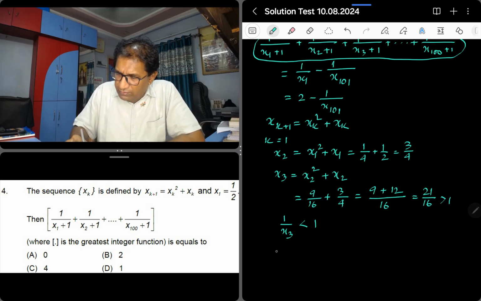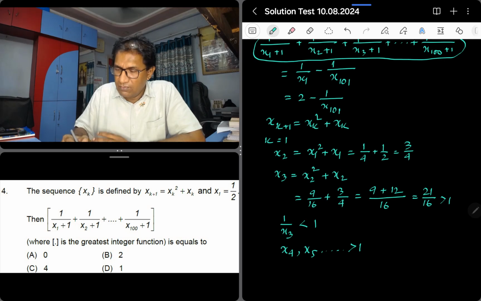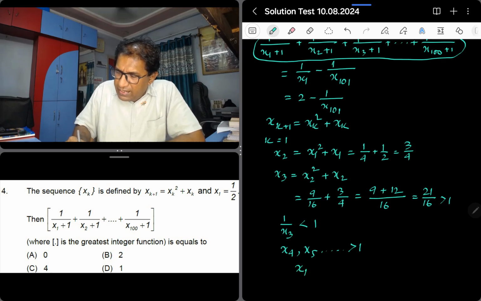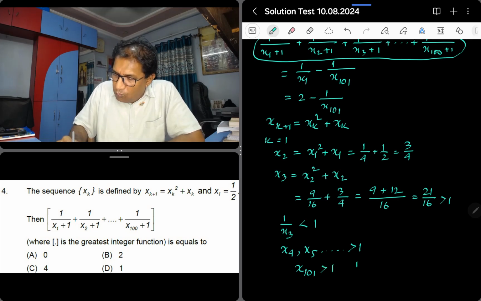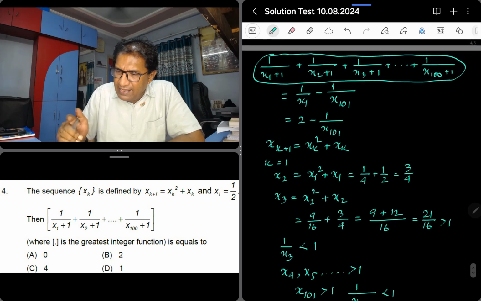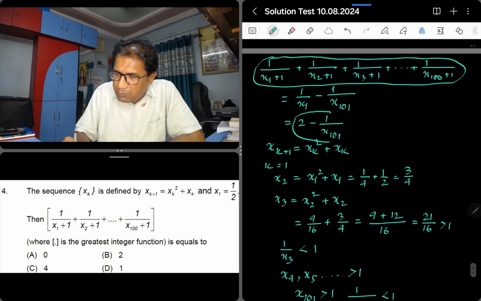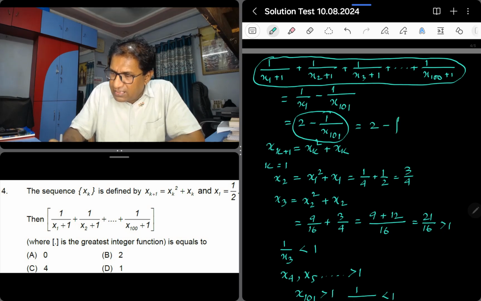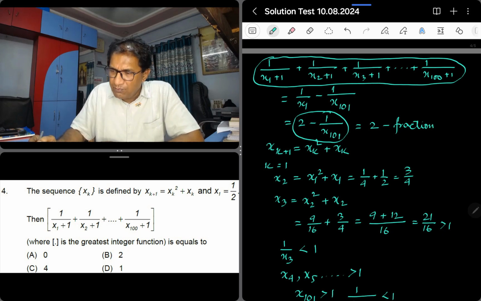Similarly, if we go for x4, x5 and so on, these all values will be more than 1. Eventually, when we reach x suffix 101, this will also be greater than 1. So 1 over x101 will be less than 1. If it is less than 1, then this part will become 2 minus some fractional value.